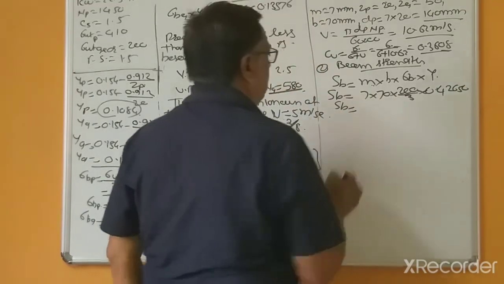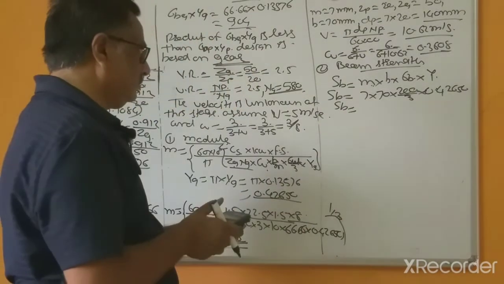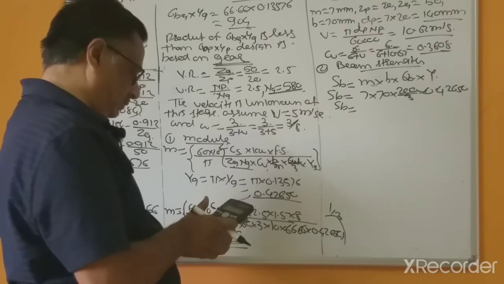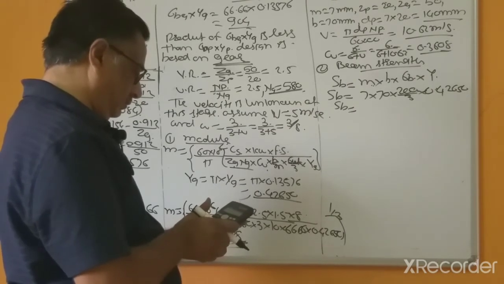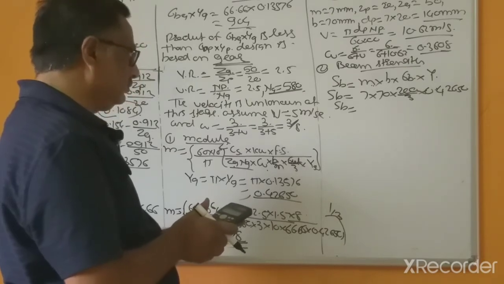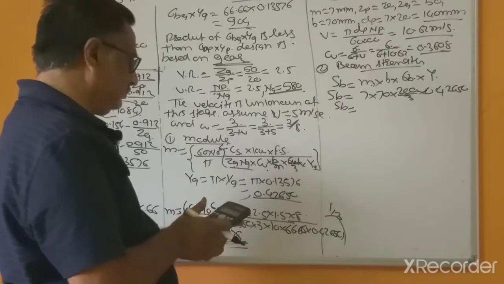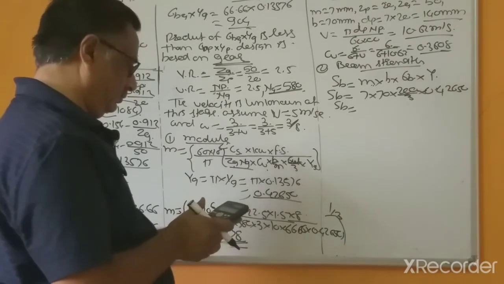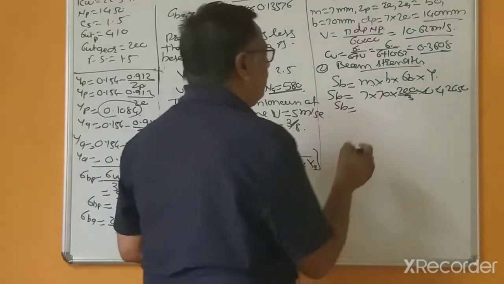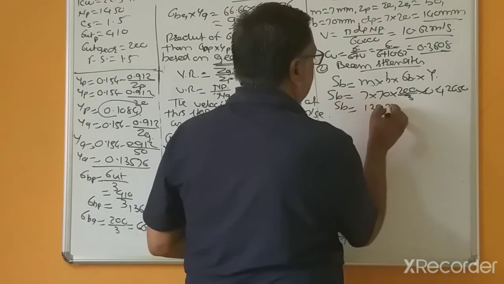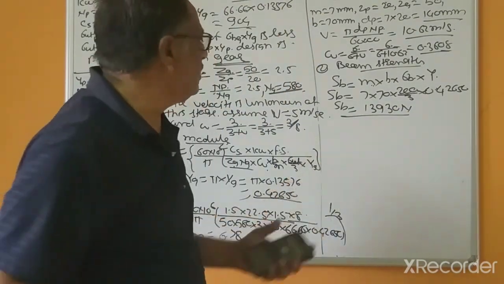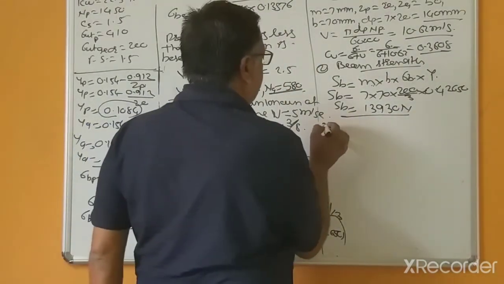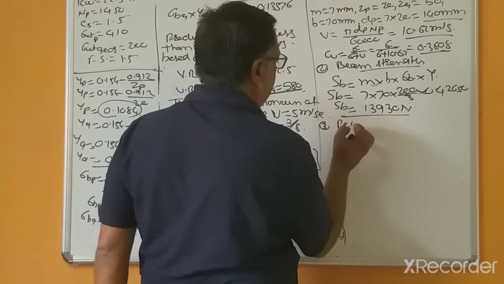So beam strength equal to 13 newtons. Now if this beam strength is greater than effective loads, so that's why we'll calculate effective load.